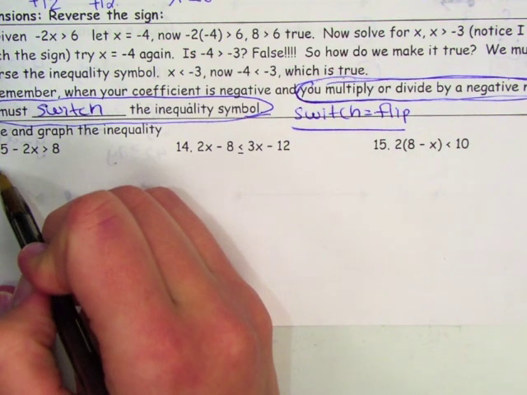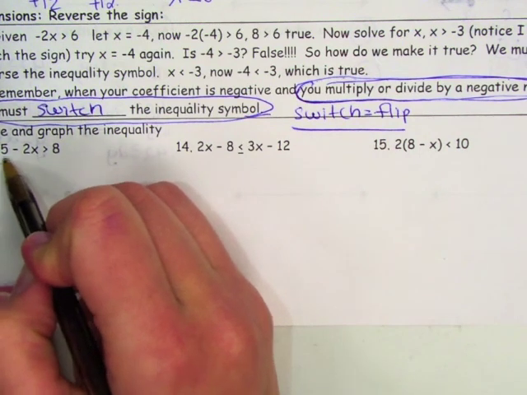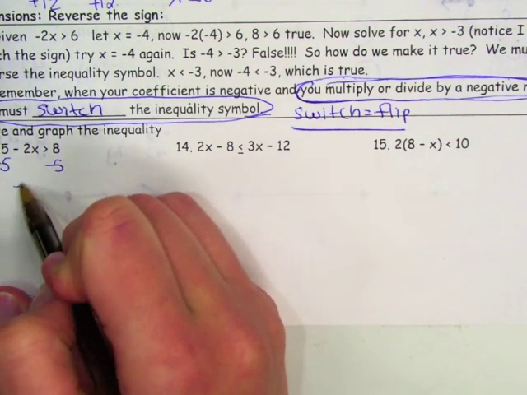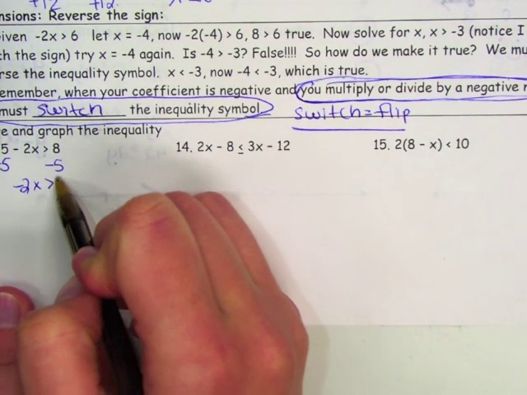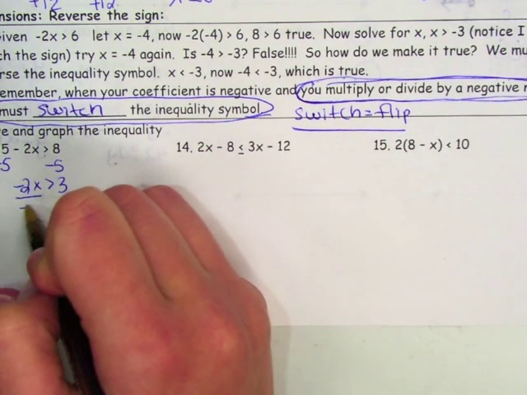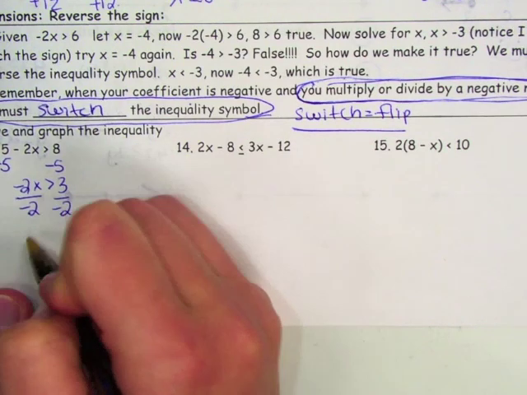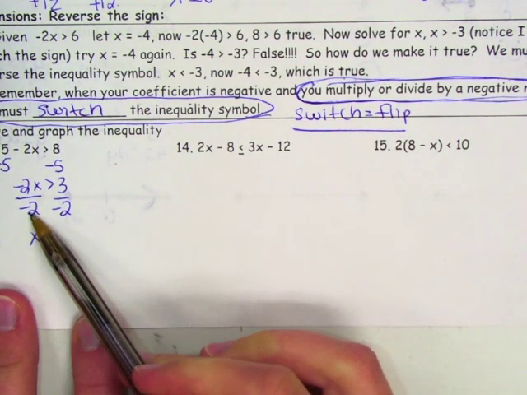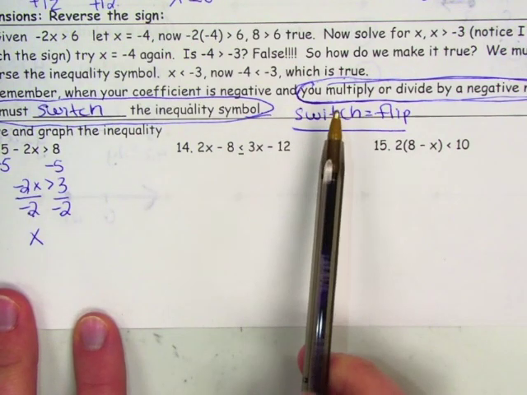So the first thing I need to do to get x by itself is subtract 5 from both sides. Then I'll have negative 2x is greater than 3. To get x by itself, I'm going to divide both sides by a negative 2. So I'm going to have x on this side. Since I divided by a negative number, I have to go back and look at my rule.